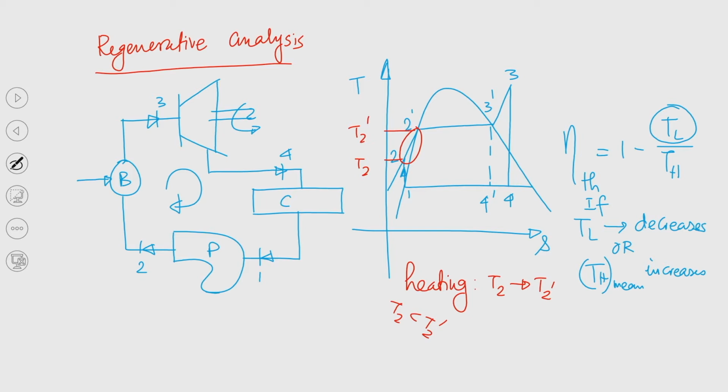So, basically we are increasing the temperature of the feed water. The water which is being fed by the pump to the boiler first increases in temperature from T2 to T2 prime, and that heating takes place at a relatively lower temperature.